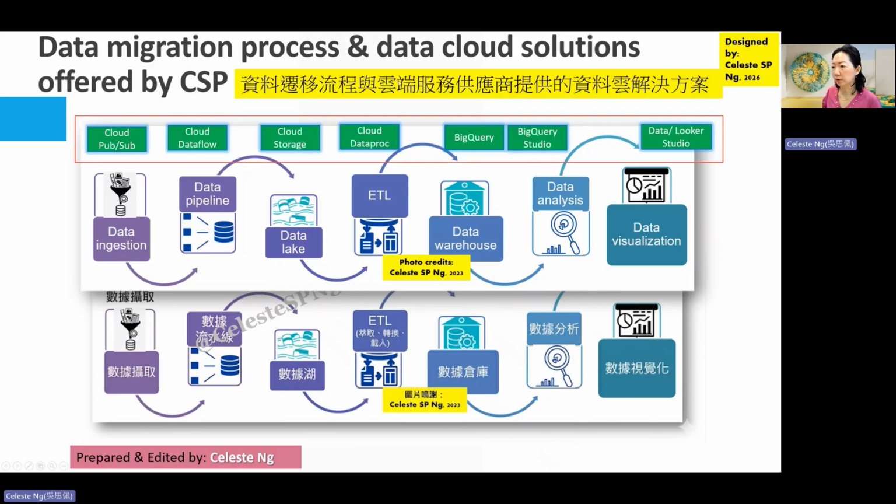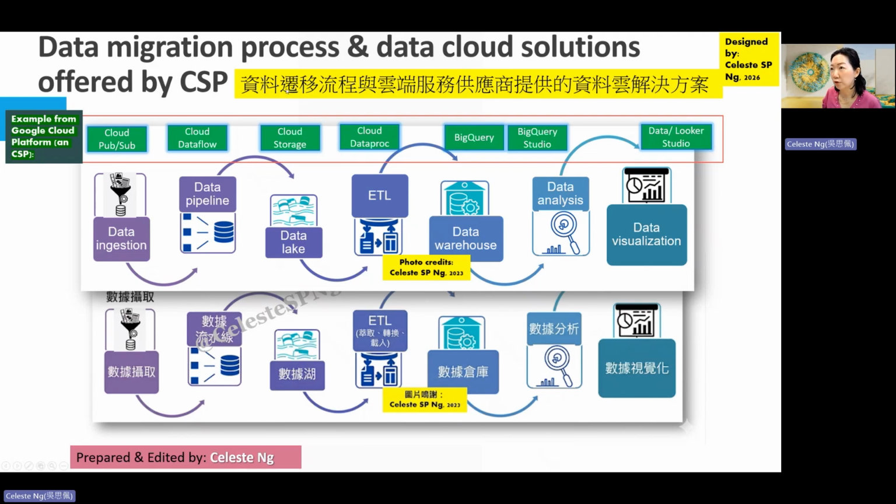In order to upload our data to the cloud for whatever purpose, no matter for future data retrieval, future data analysis, future data access, or future data insights derivation, we still have to upload data to the cloud.